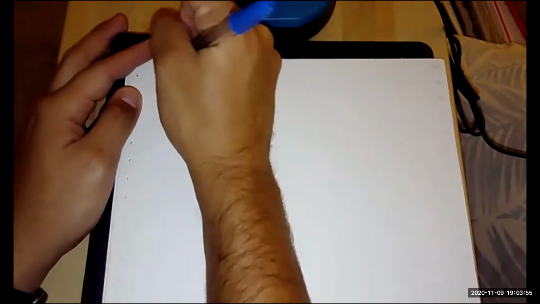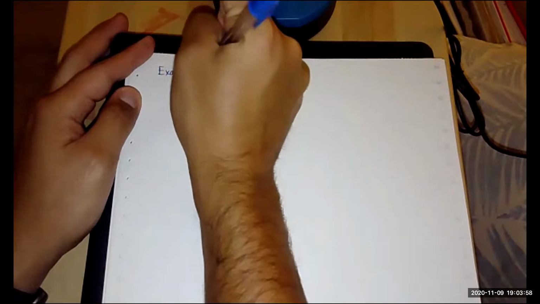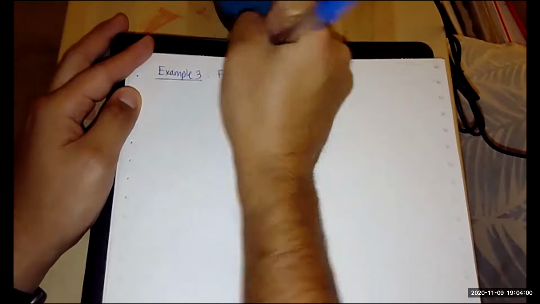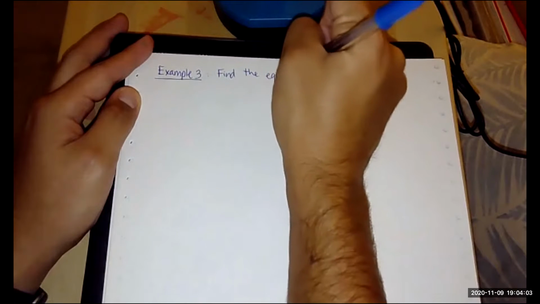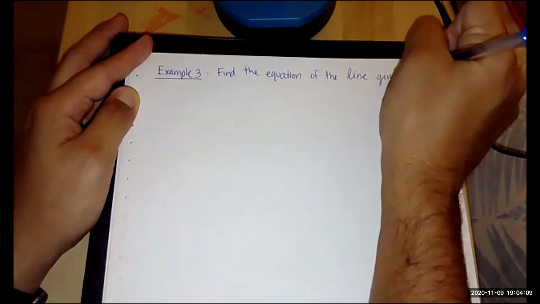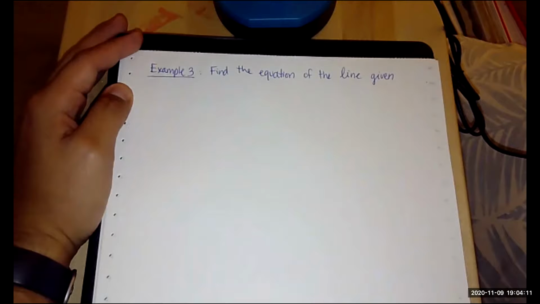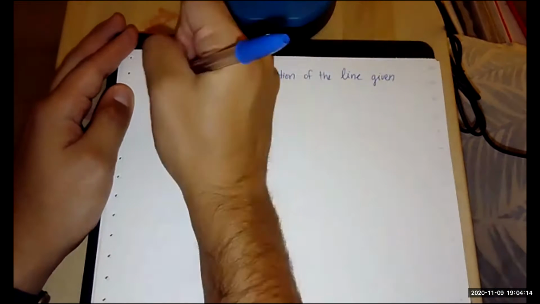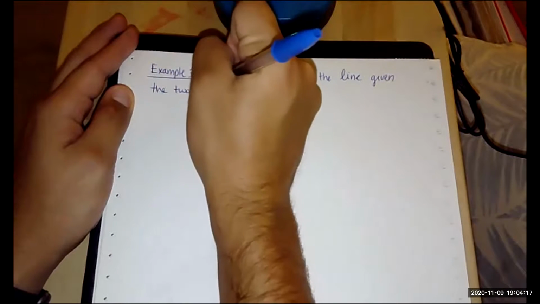Okay, so for some of the questions in Hawks, they'll ask you to find the equation of the line given only 2 points. Find the equation of the line given the 2 points.